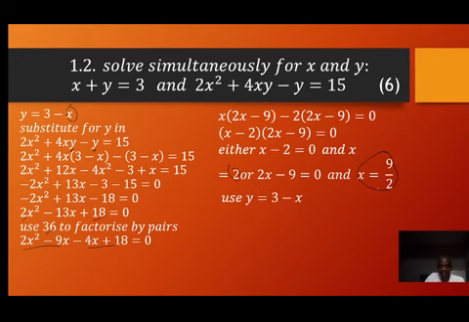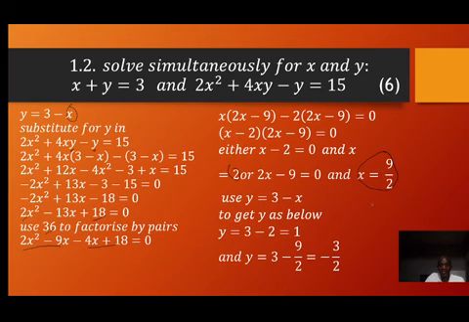So when I use y equals 3 minus x, I'm going to get y as below. That means I'm going to get y equals 3 minus 2, because this was my first answer here, which gives me 1. And then when I use 9 over 2, I'm going to get my y as negative 3 over 2. I hope we are still together.